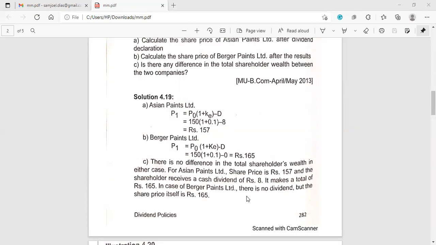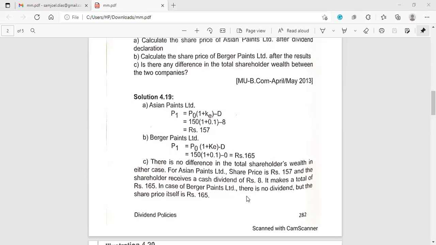Suppose an existing shareholder of Asian Paints Limited wants to encash or gain by selling his shares, he can sell his shares at rupees 157, and previously he has got rupees 8, so that makes the total value of his gains rupees 165.